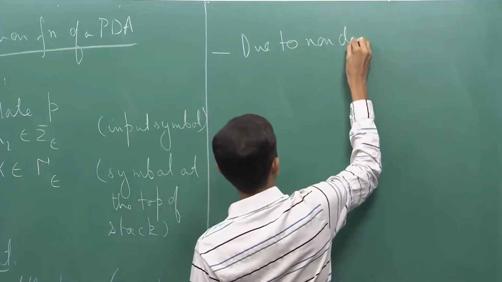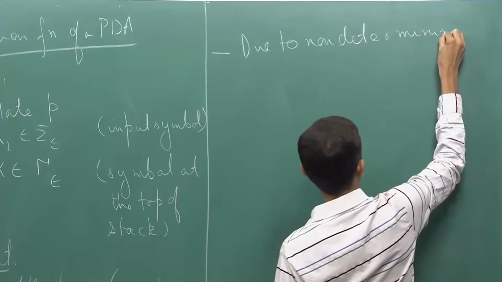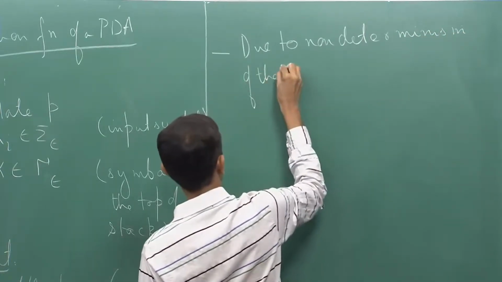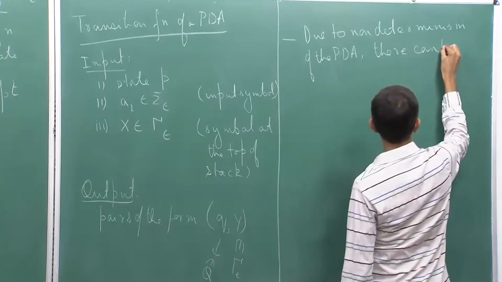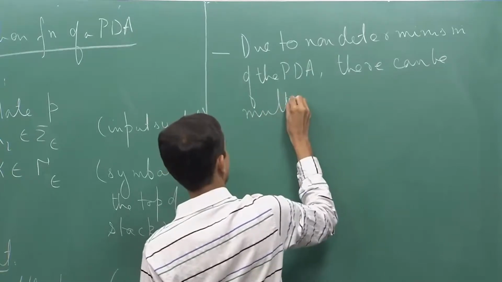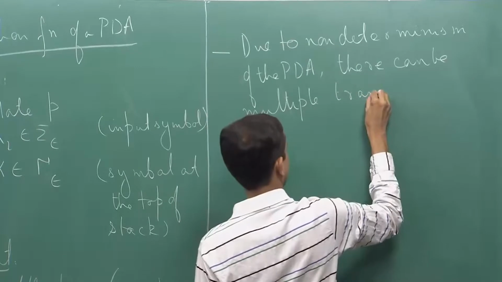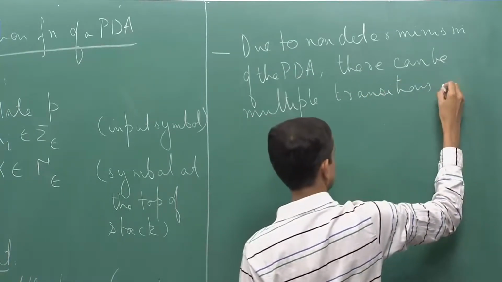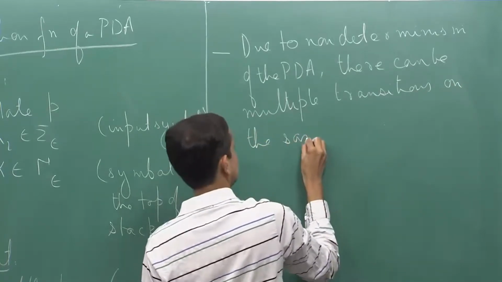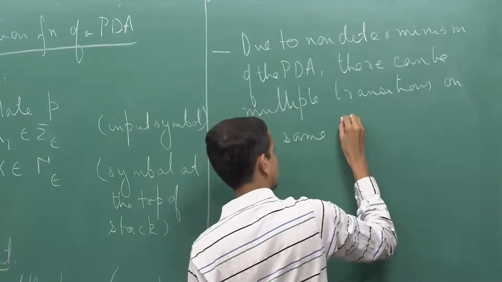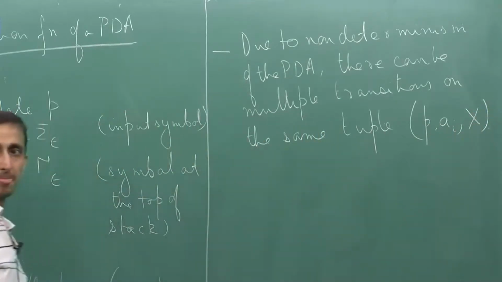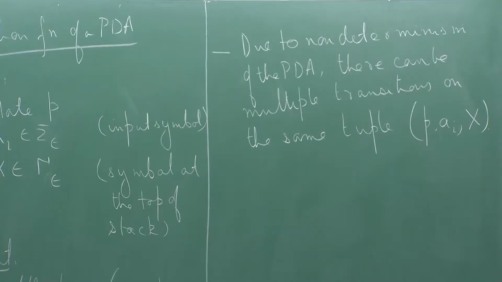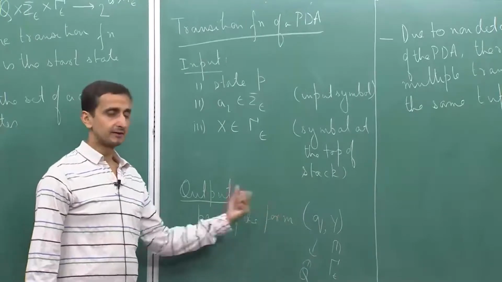Due to non-determinism of the push down automata, there can be multiple transitions on the same tuple, let us say P, ai and X. This is why we say that it is an epsilon NFA, a non-deterministic finite automata, because there can be multiple such pairs.